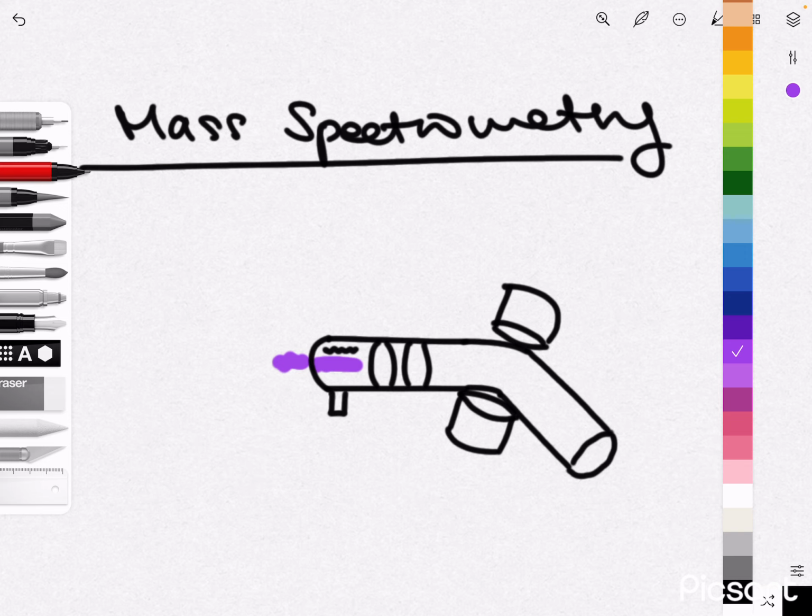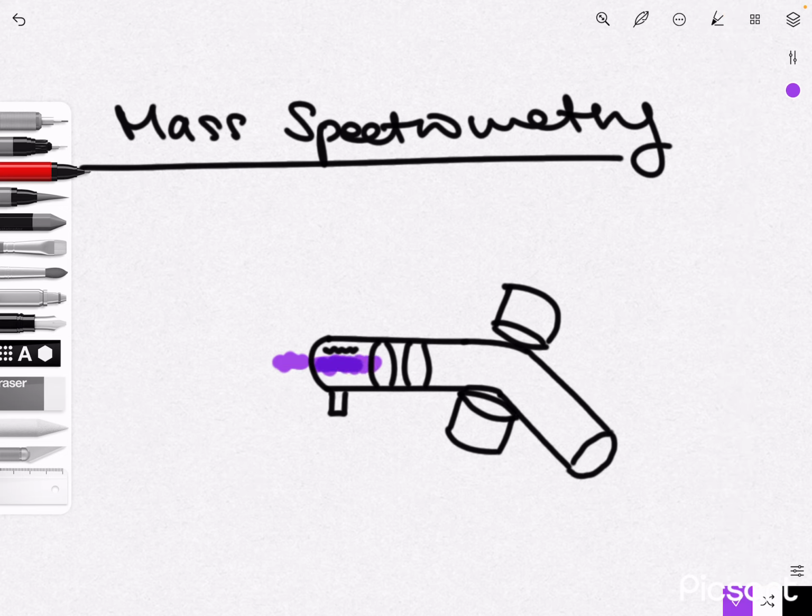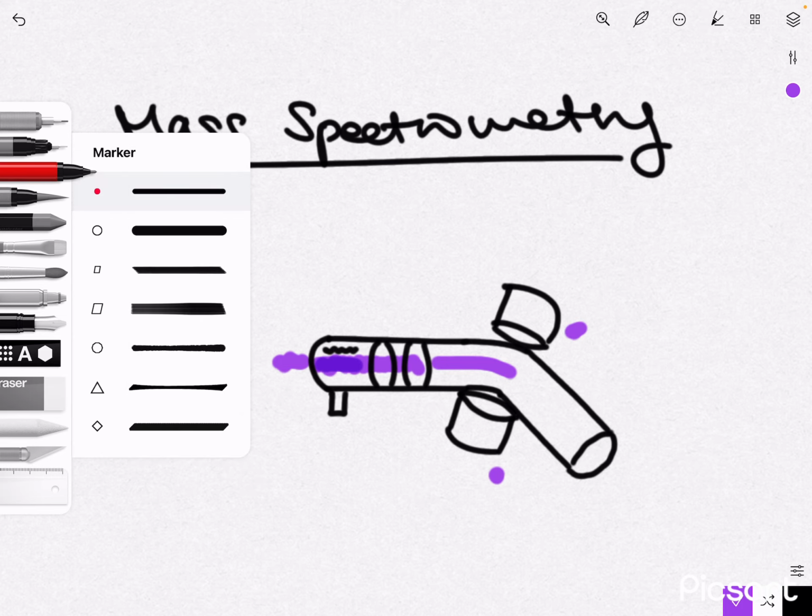molecules present in it. Then this gas passes through two charged plates, which accelerate the ions further down the tube between these two magnets over here that we see. Now, these magnets create a magnetic field to deflect ions.